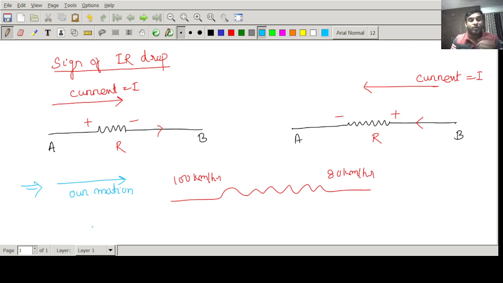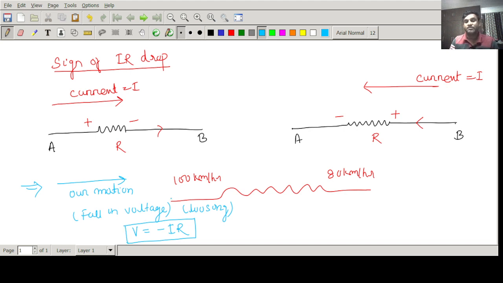I already told, if I am going from plus to minus, that means fall in voltage. Fall in voltage means we are losing something. We are going from positive to negative. So I can write down our voltage drop here as V equal to minus IR.